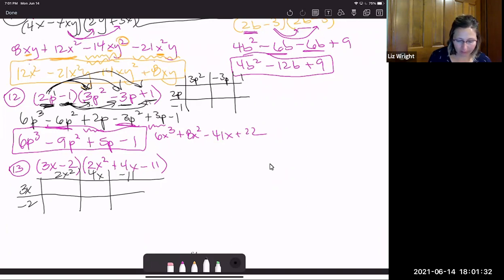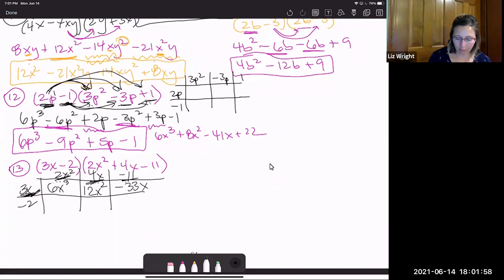So again, just a reminder, in this box, I'm taking 3x times 2x squared. So that's going to be 6x to the third. In this box, I'm doing 3x times 4x, which is going to give me 12x squared. And then in this box, I'm taking 3x times -11, which is going to give me -33x.